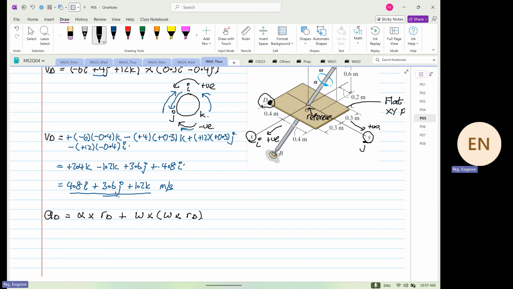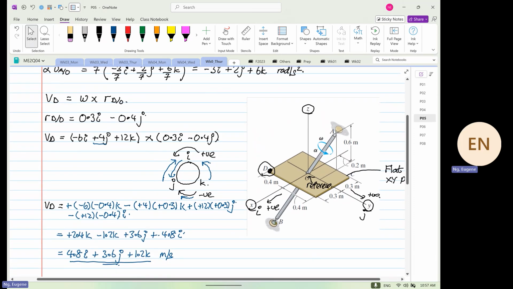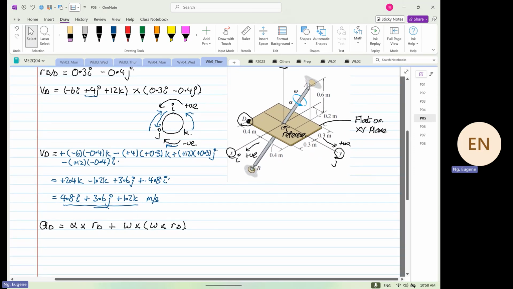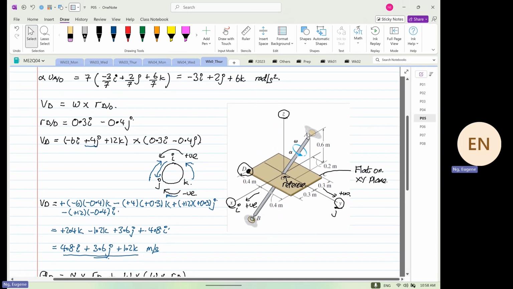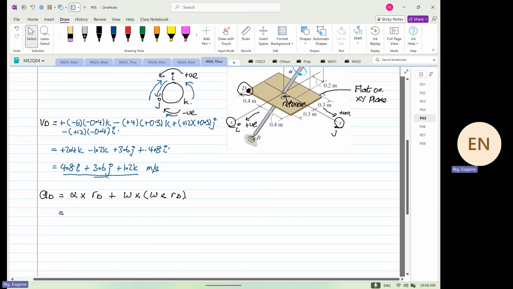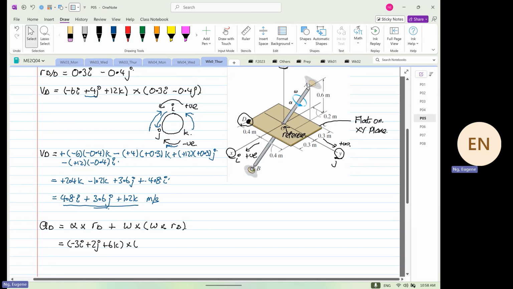We did do alpha, right? So now alpha is equal to minus 3i plus 2j plus 6k, cross 0.3i minus 0.4j. Then plus omega.